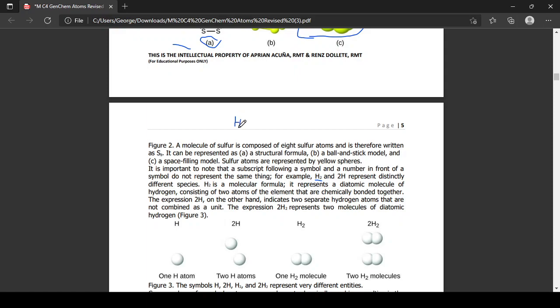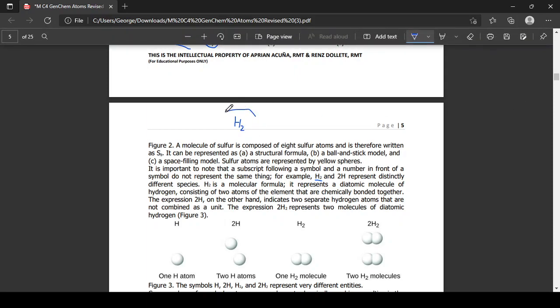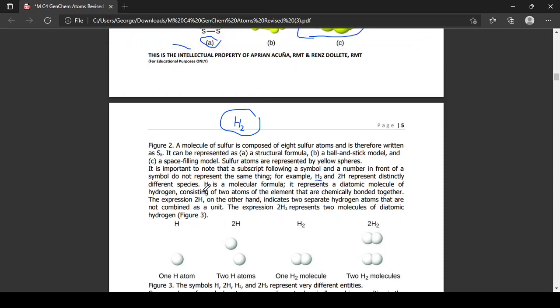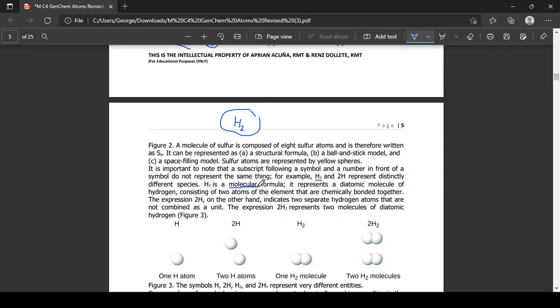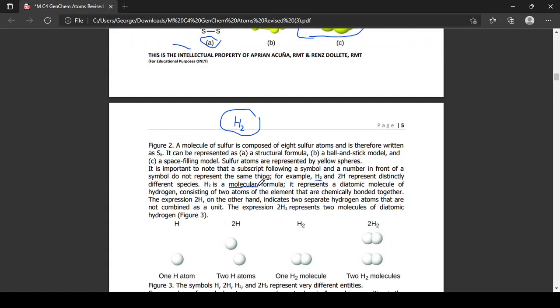It represents a diatomic molecule of hydrogen consisting of 2 atoms of that element. There are two hydrogen atoms in the formula, and that is your molecular formula because it represents a diatomic molecule of hydrogen consisting of 2 atoms that are chemically bonded together. So the hydrogen and hydrogen are connected when you represent it in a structural formula.